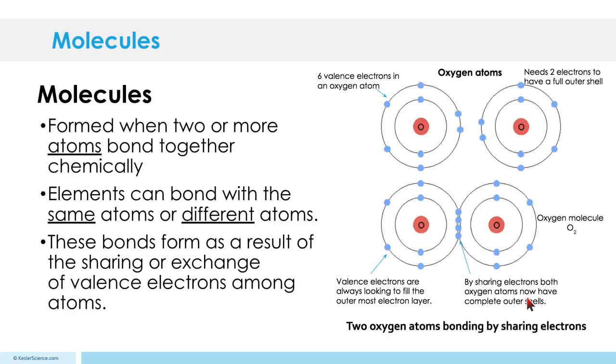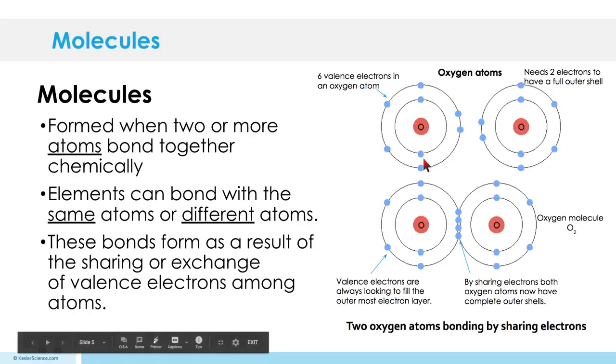Now it's starting to make sense what those valence electrons are for. We knew that valence electrons were synonymous with reactivity, right? When you see valence electrons, you know that you are looking for reactivity, especially in a question. If a question is talking about valence electrons, be looking for the word reactivity in the answer choices.